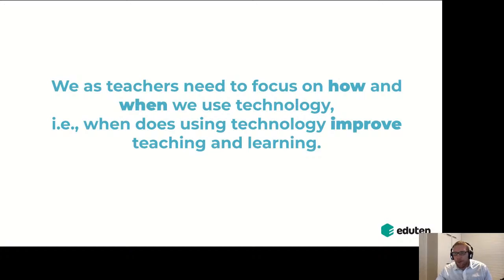It doesn't help learning and teaching by just existing, but we actually need to know how to use it, what solutions to use, and when we use them. And this is something I want to clarify in this webinar a lot. So we focus on how we use things, in which situations we use technology, and we actually also talk a little bit about measuring the impact of using the technology.